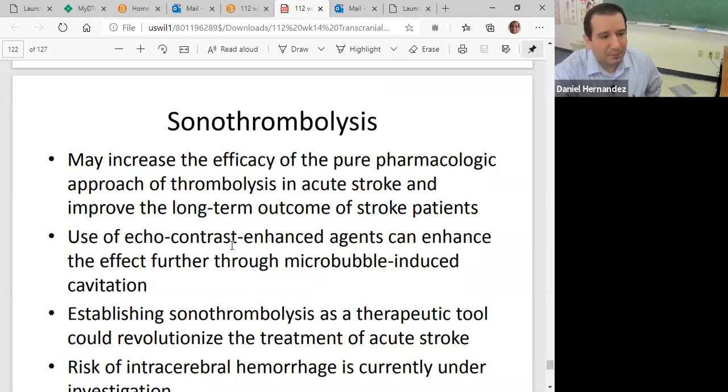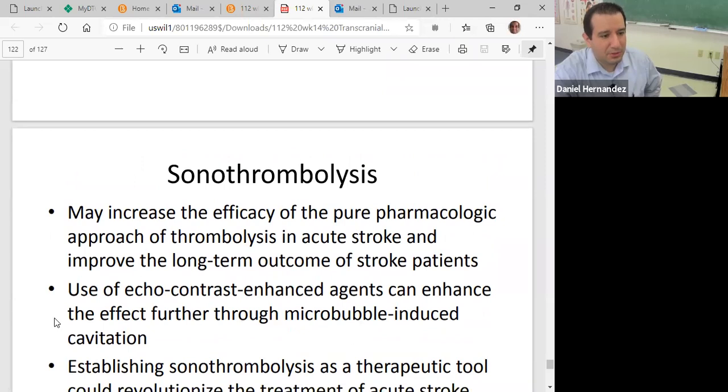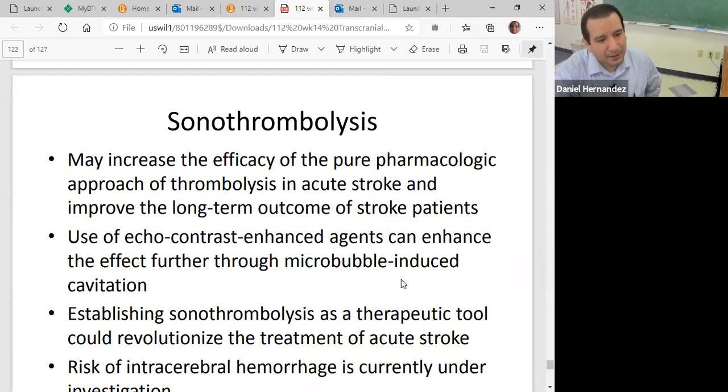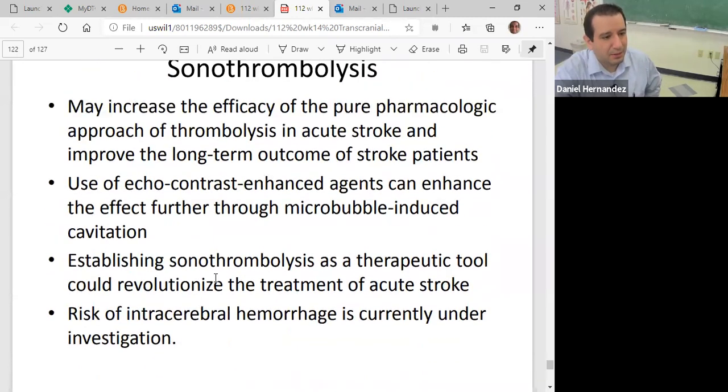If you think about that, we can potentially use our ultrasound transducer to help break up intracranial thrombus and clot. I personally have never witnessed this, but I've seen it with the application for peripheral vasculature. So that's pretty exciting. The risk of intracranial cerebral hemorrhage is currently under investigation.